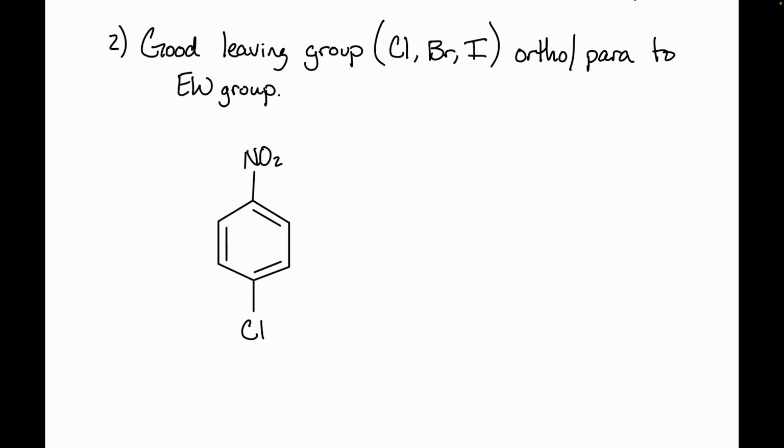All right, if we meet those 2 criteria, then we can react this molecule with a nucleophile. I'm going to use just generic Nu for my nucleophile right now. And what we're going to see is our nucleophile is going to be substituted onto our ring, taking the place of that good leaving group, taking the place of that halogen.